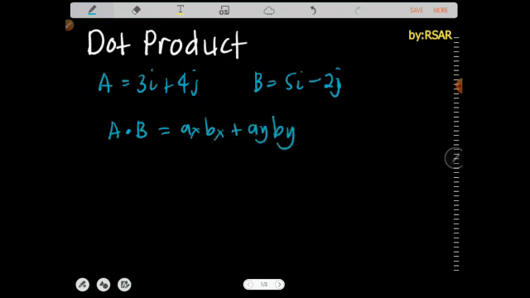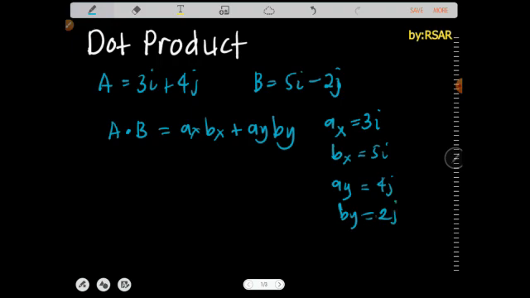Ngayon, ano yung AX? So, yung AX natin dito is equals to 3i. Tapos, yung BX naman natin dito is equals to 5i. Tapos, yung AY natin dito is equals to 4j. Yung BY is equals to negative 2j.